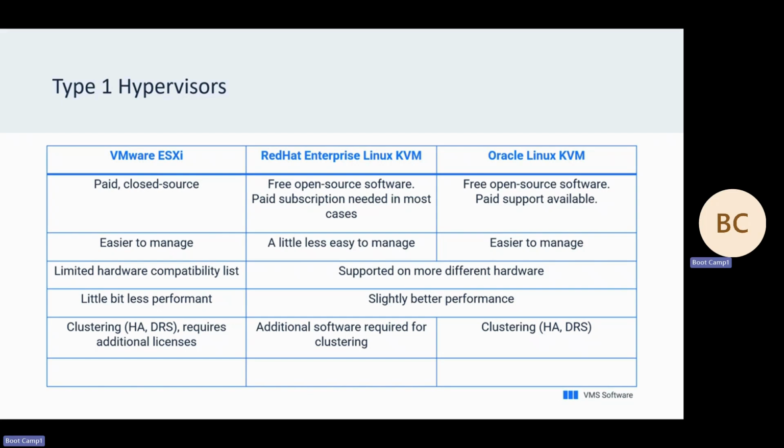So we've seen an increased interest in moving to KVM. Customers who were well on their way, and we were working with them to get their environments running on ESXi, we see some of those customers switching gears towards one of the KVM solutions.